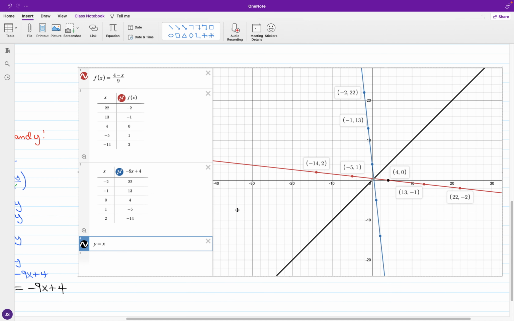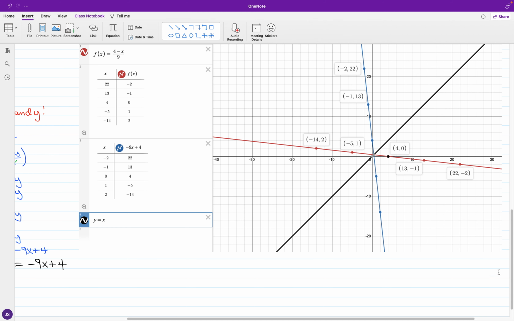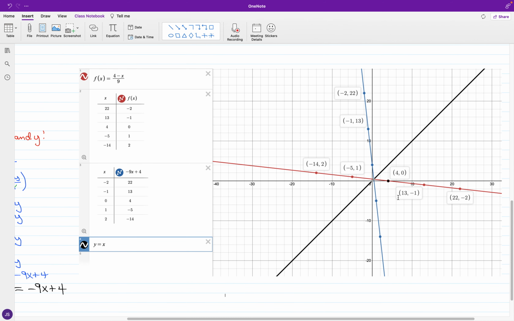Again, these functions will have interchanging x and y values. Both of these functions are linear, they are straight lines, and they will have symmetry with respect to the line y is equal to x. All right, so this is what we're going to have in this particular case for number 47.